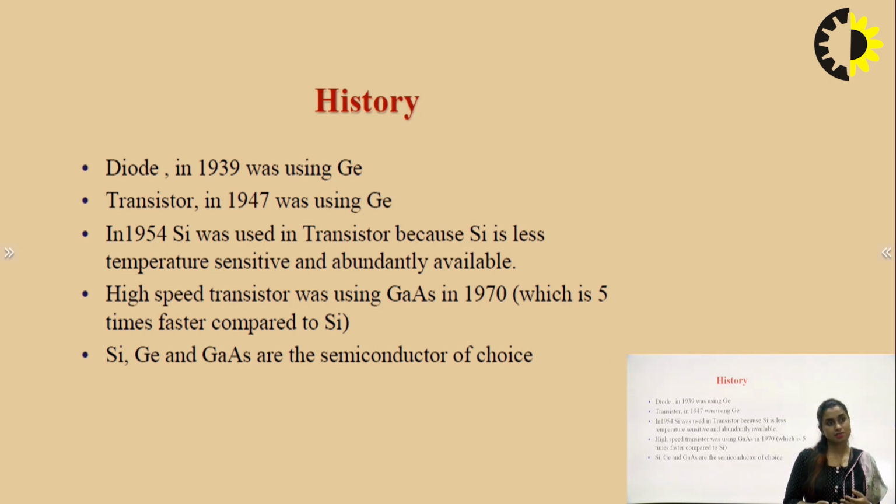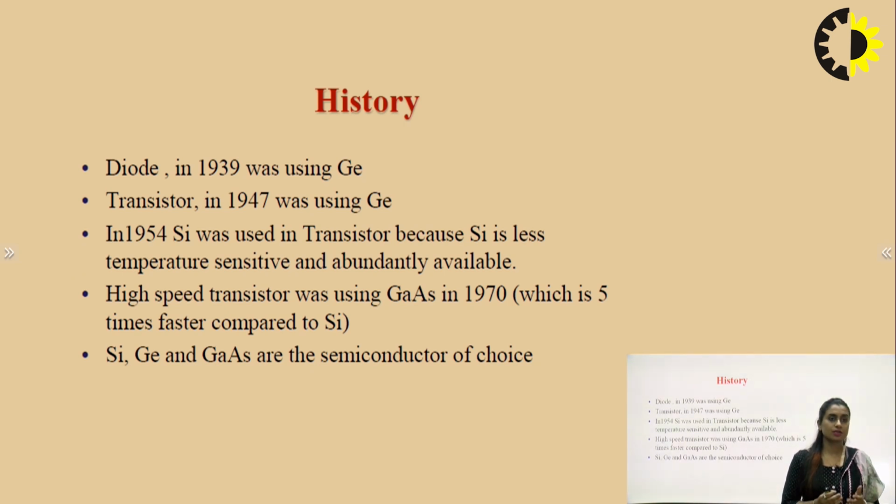The reason for it is that silicon is less temperature sensitive and it is abundantly available. If an element's temperature sensitivity is less, the fluctuation in its parameters, whenever there is variation in temperature, will be lesser. So an element with lesser fluctuation and more stable behavior is preferred. So silicon is preferred over germanium, right?